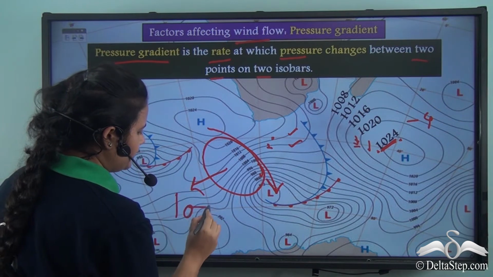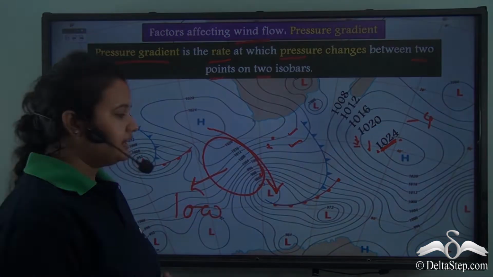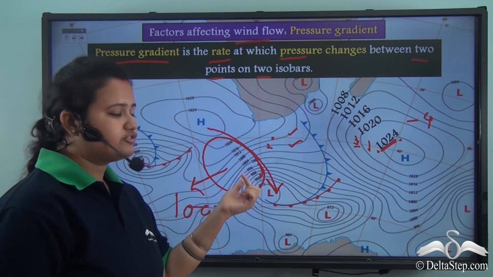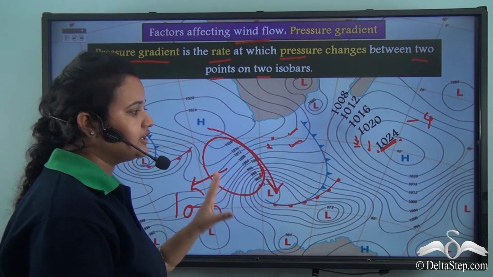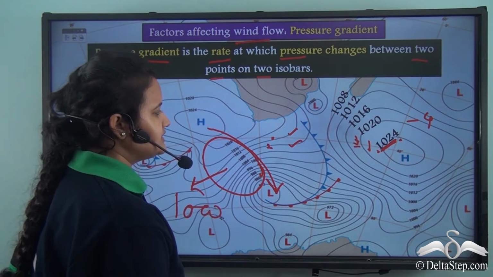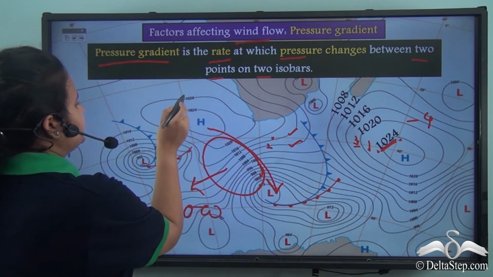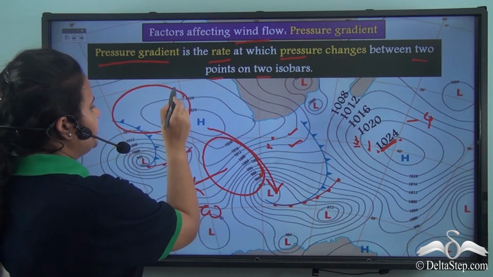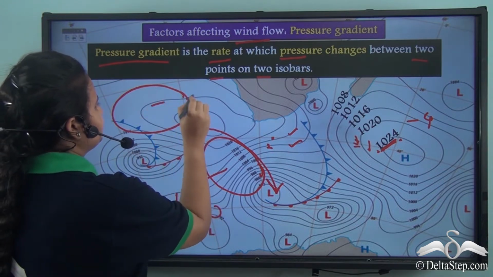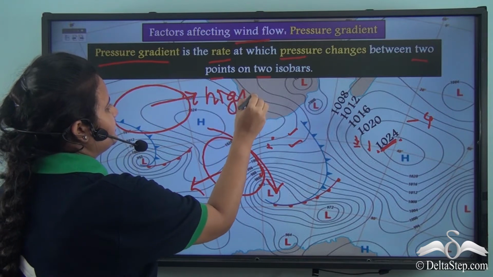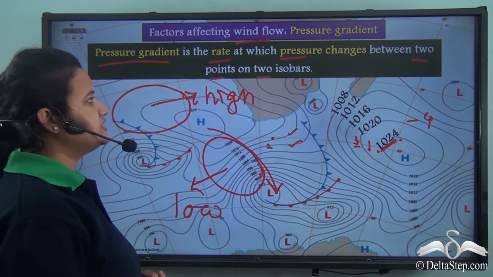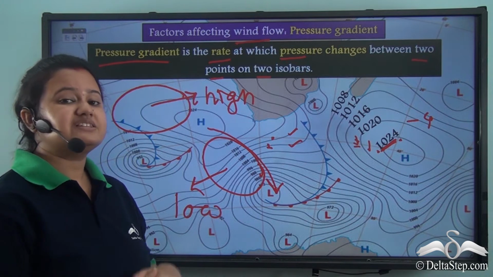low pressure gradient because here the rate of change in atmospheric pressure is less in this particular region, whereas the isobars that are far away from one another show high pressure gradient because here the rate of change is higher.